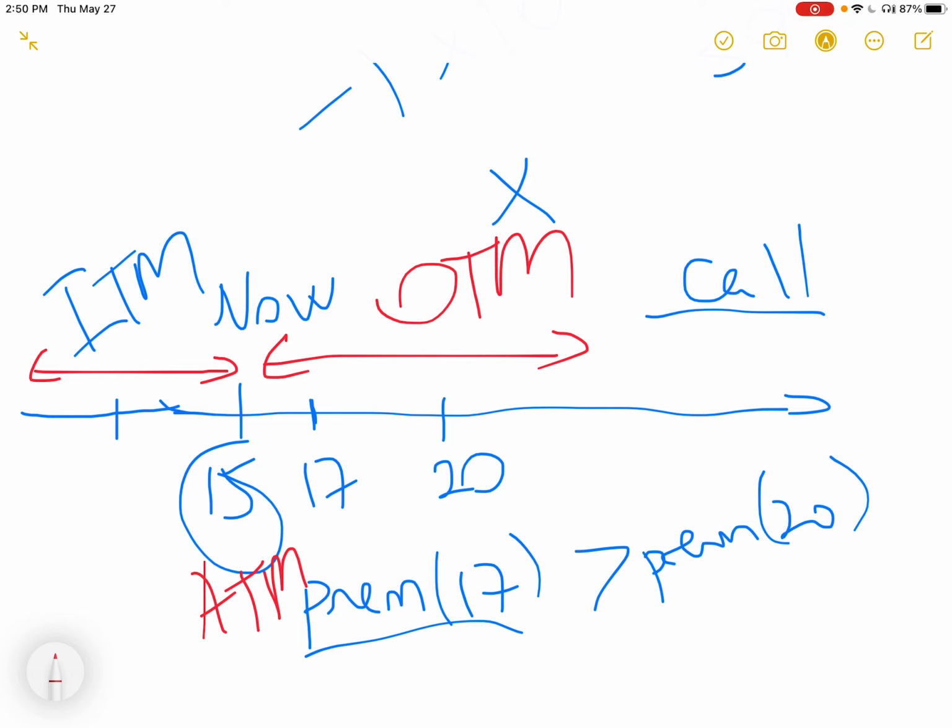For both put and call options, in the money options will always be more expensive because they're already in the money. In the money basically means if it expires tomorrow, you can exercise that contract. That's why you are going to pay a higher premium to own that contract. Kind of makes sense, right? So that's one of the ways the premium gets affected.